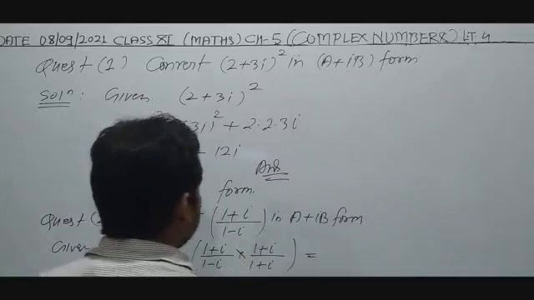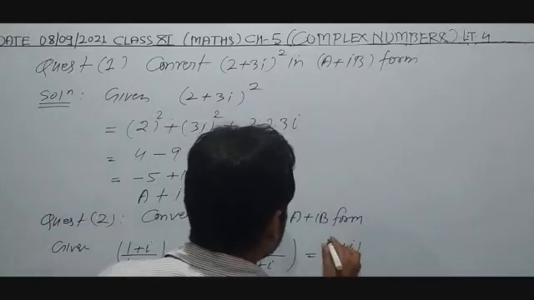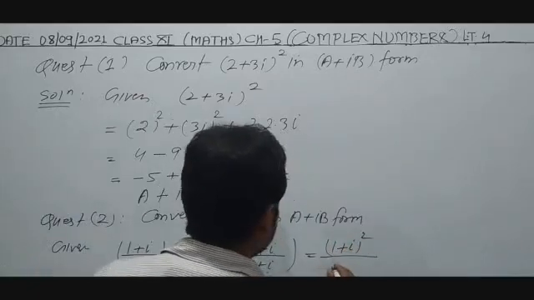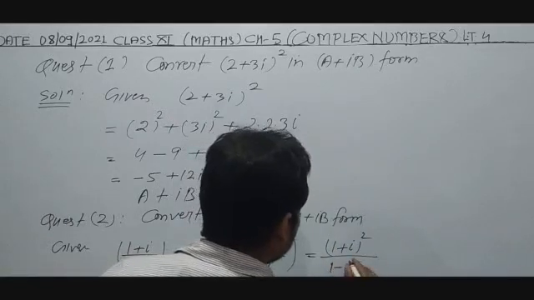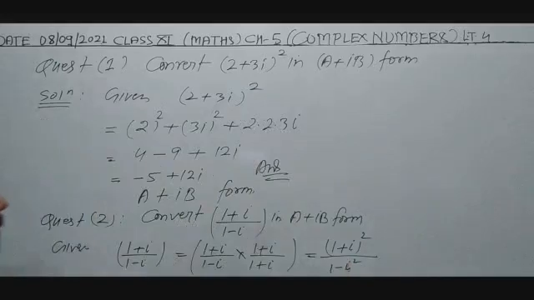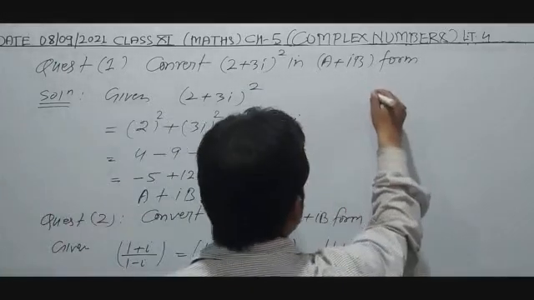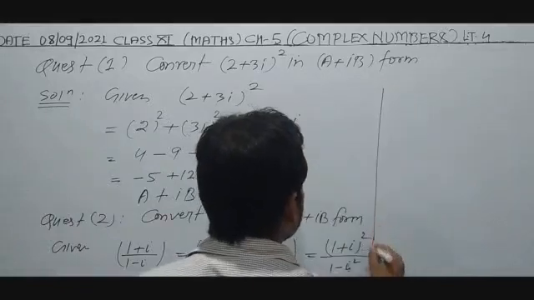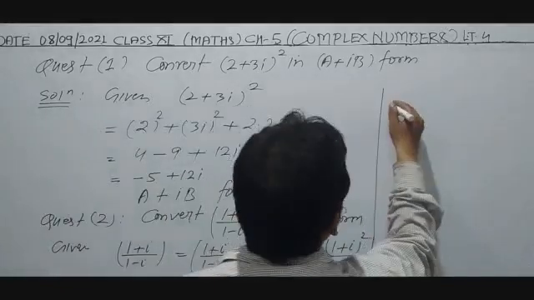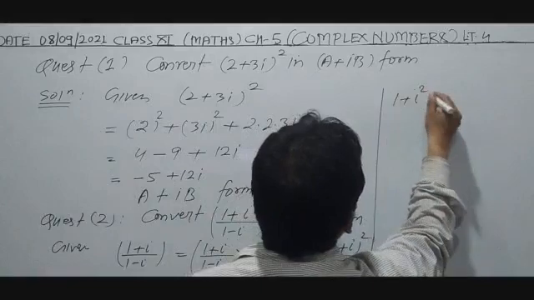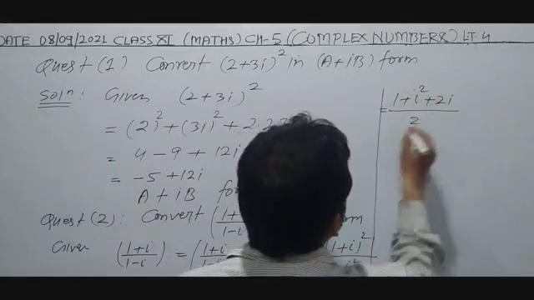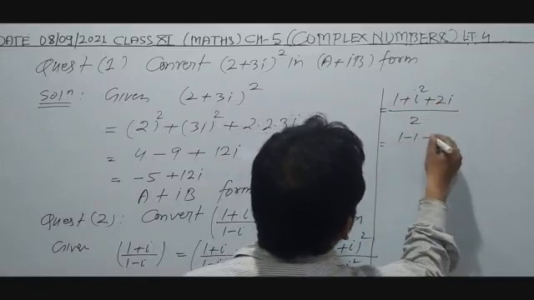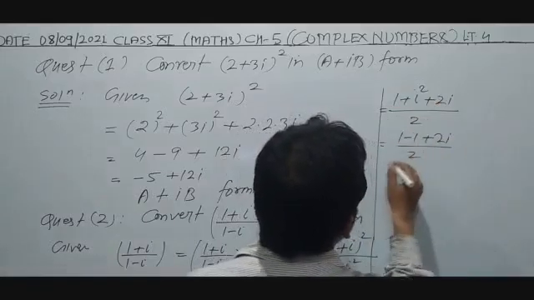And now its result will be (1 plus i) whole square upon 1 minus i square. So you will see this is 1 plus i square plus 2i, upon 2. So 1 minus 1 plus 2i upon 2.